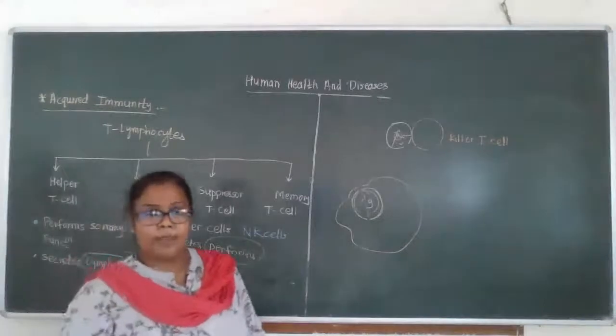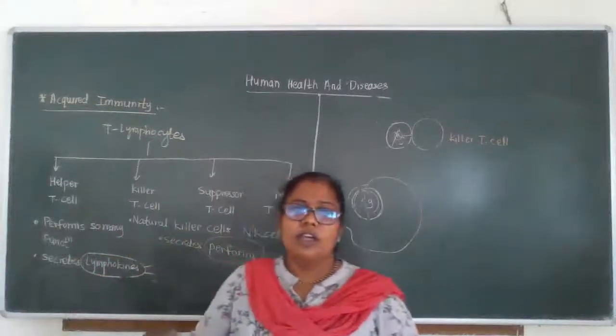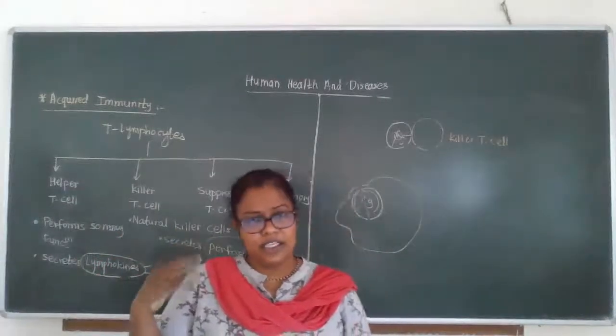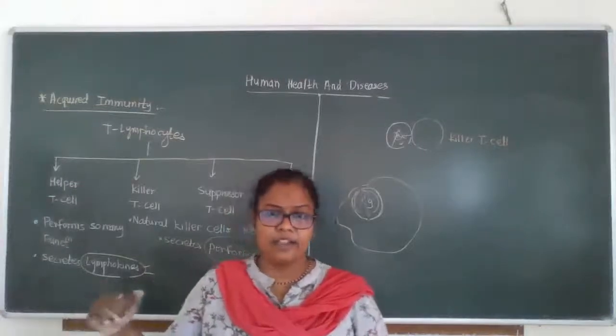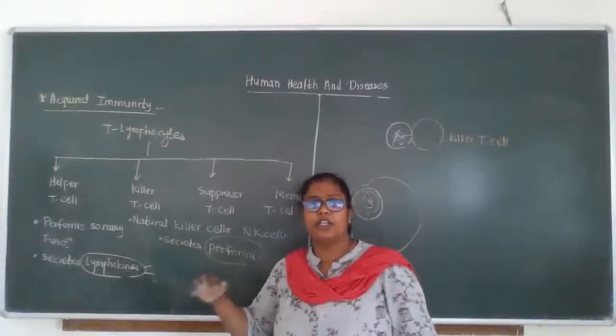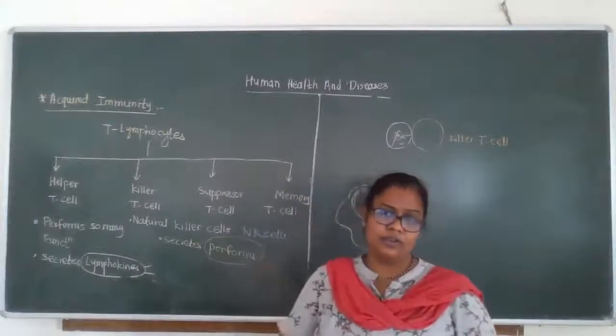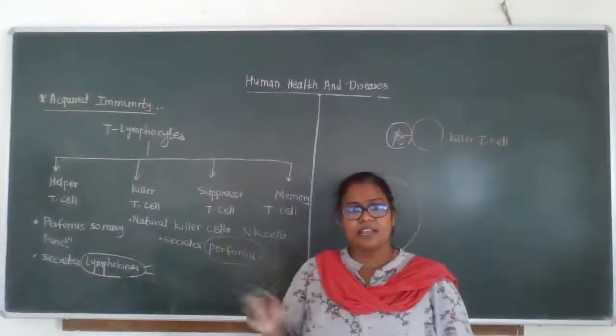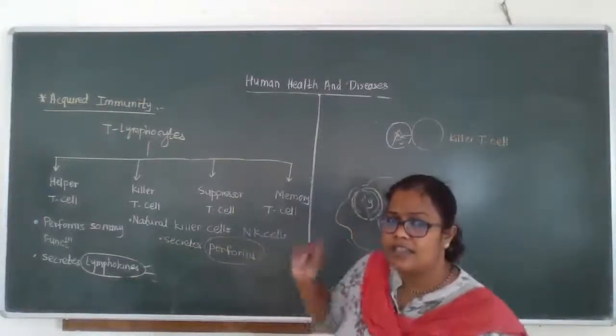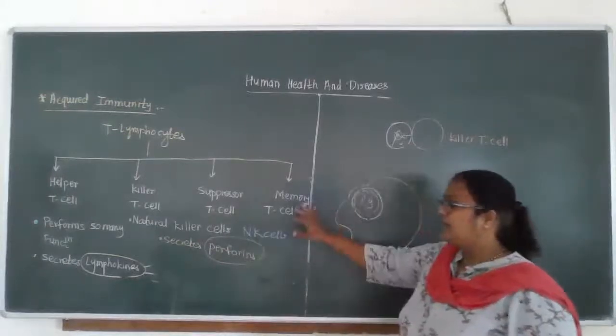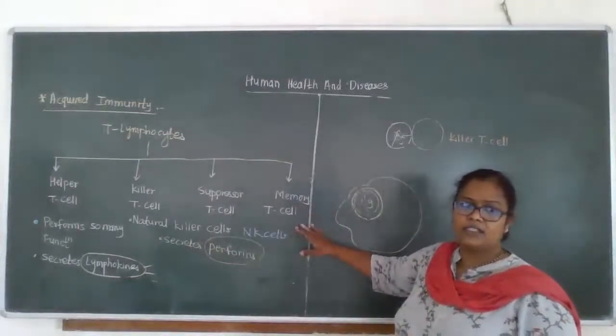As the name, memory means what? It keeps in mind that previously that antigen invaded us. That means the previous antigenic invasion is kept in mind. That is done by the memory T cell.